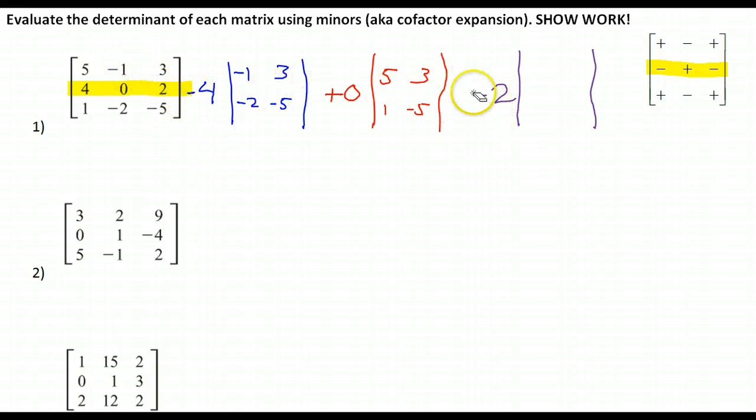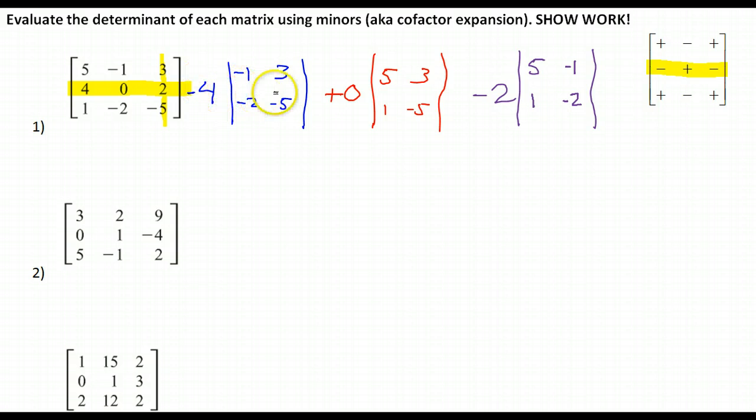It came from the 2, we had to do the opposite, but the 2 column, we cross that out. If we cross out that third column, then you see that the remaining minor matrix is 5, negative 1, 1, negative 2.